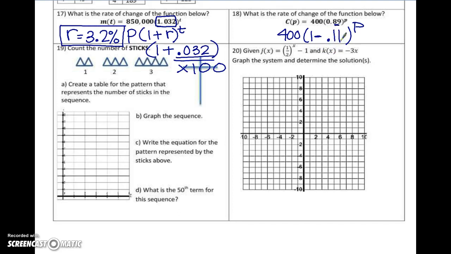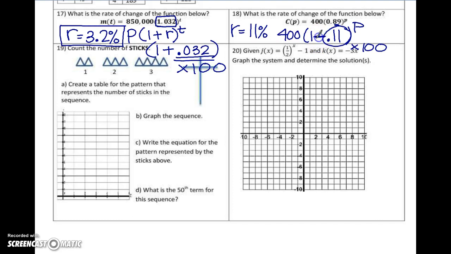And you can try that out. Do 1 minus 0.11, you'll get 0.89. So here's our rate right here, 0.11. We times it by 100 to get back to a percent. So the rate is 11%.